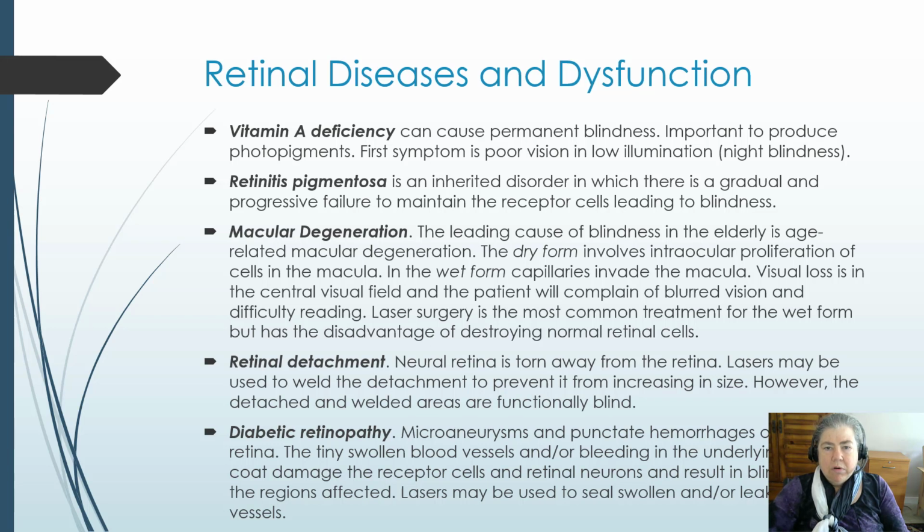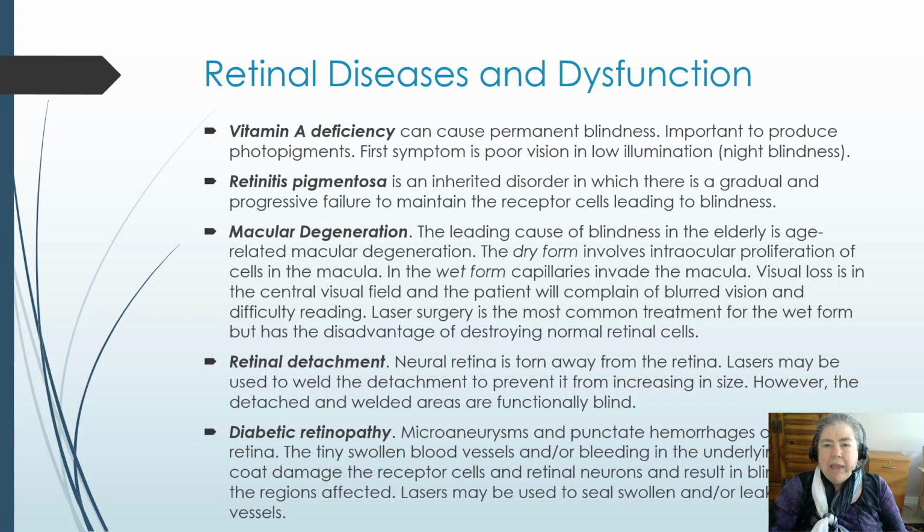There is an inherited disorder called retinitis pigmentosa, in which over time there's a failure of the ability to maintain the receptor cells, the photoreceptor cells, and it leads to blindness. A common cause of blindness, in fact, the leading cause of blindness in old people, is age-related macular degeneration. And there are two types. There's something called dry macular degeneration and wet macular degeneration.